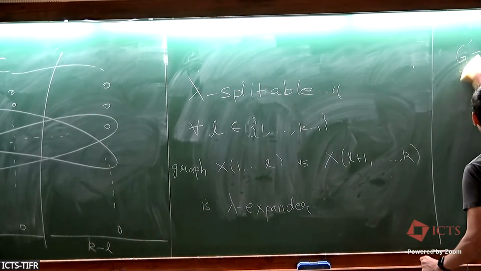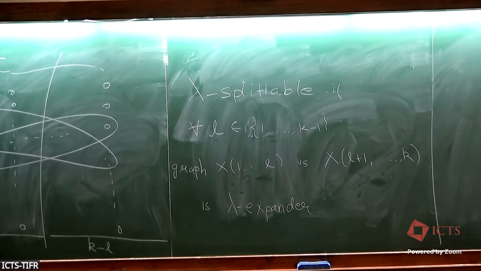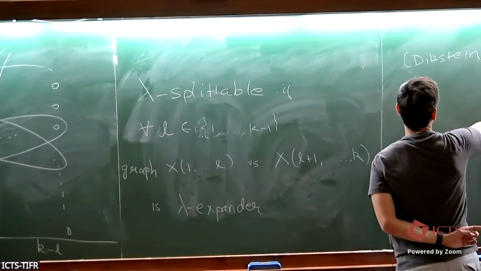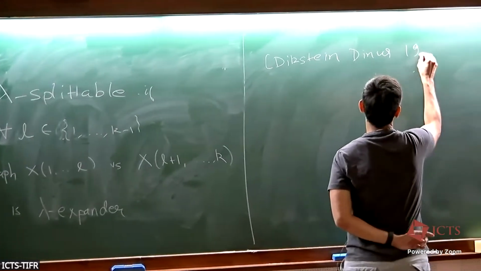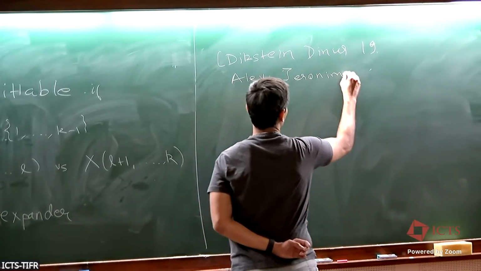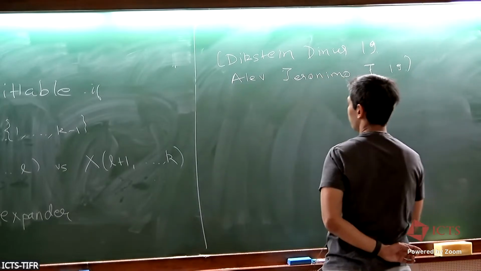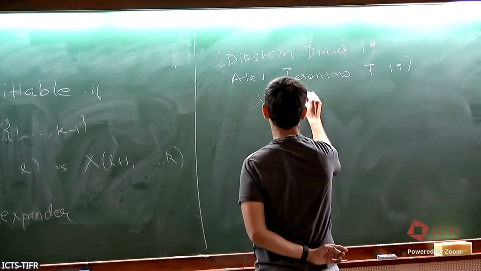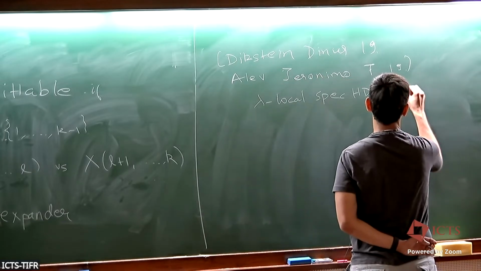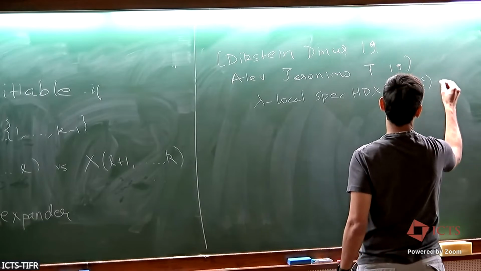Okay. So let's see a couple of examples. I mean, it takes work, and it's a result of Dikstein and Dinur, and also independently we proved maybe a slightly weaker version of this: that if you have a lambda local spectral expander of k dimensions, then it's order k squared times lambda splittable.